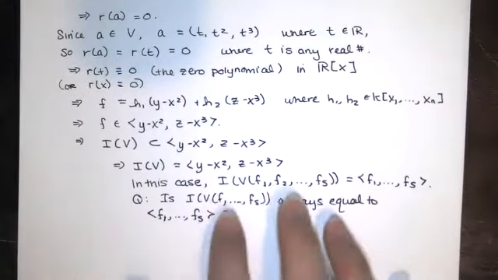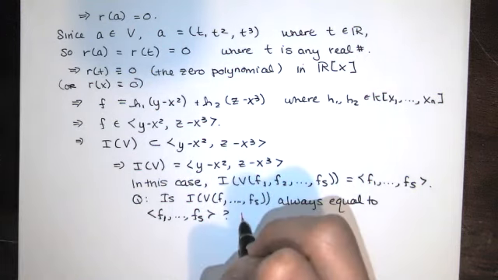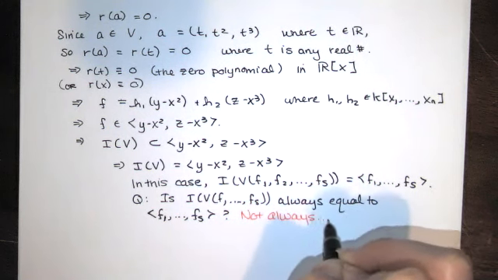The question is, is the ideal of the variety defined by the functions f_1 through f_s always equal to the ideal generated by the polynomial functions themselves? And we'll say not always. That was the answer to that question, and we'll talk more about that question next time.